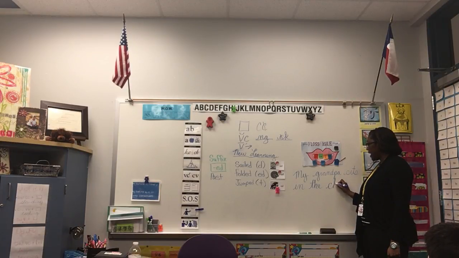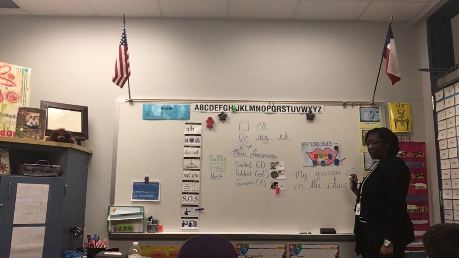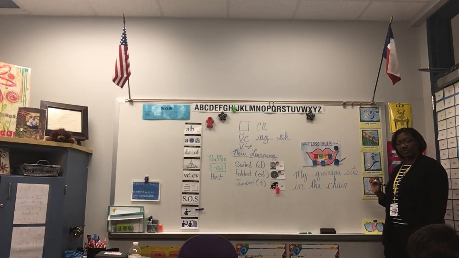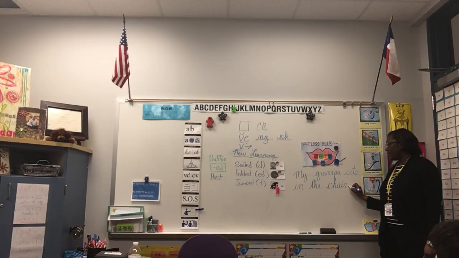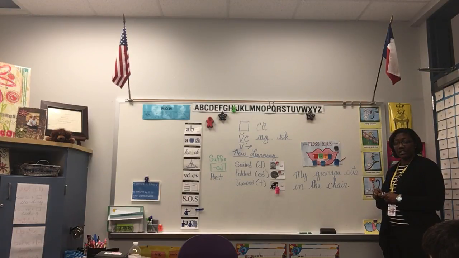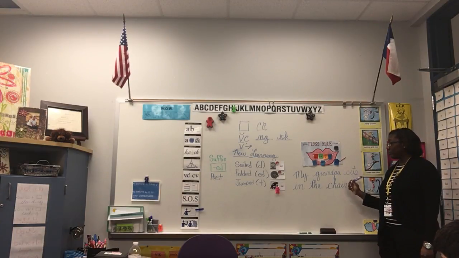C-H-A-I-R, dot. And what goes at the end of a complete sentence? A period. That's our complete thought. Can you read our sentence again? My grandpa sits in the chair.